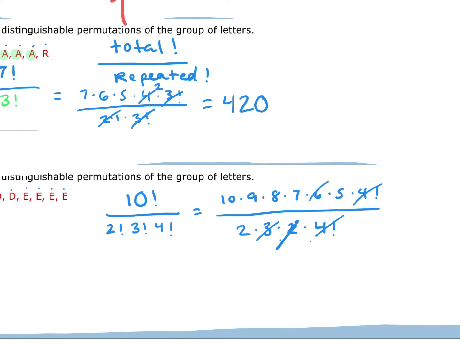And then we can divide 10 by 2. That gives us 5. So we have 5 times 9 times 8 times 7 times 5. What do we get here? Awesome. 12,600.